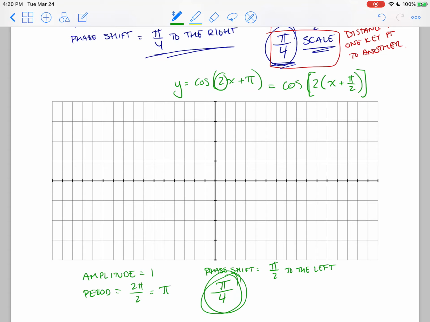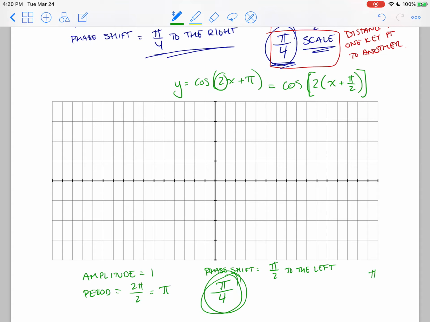Now, if I had a period of pi and I was using pi over 4, but my phase shift was pi over 3, that's when I would want to reevaluate. The distance between my key points is still pi over 4, but I couldn't use pi over 4 as a scale.